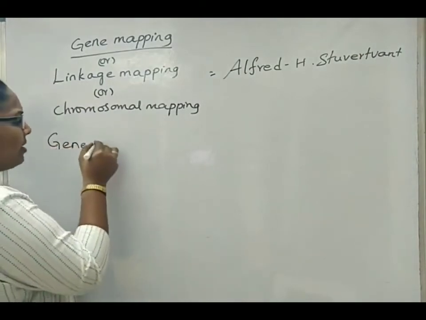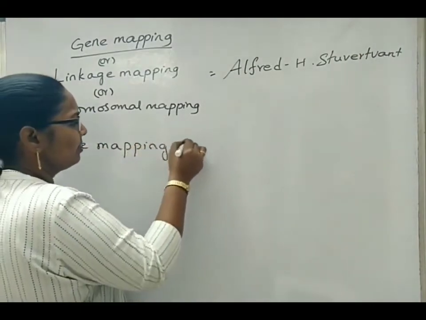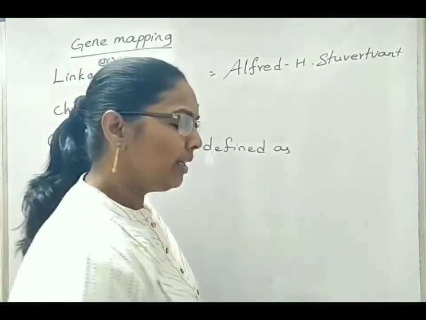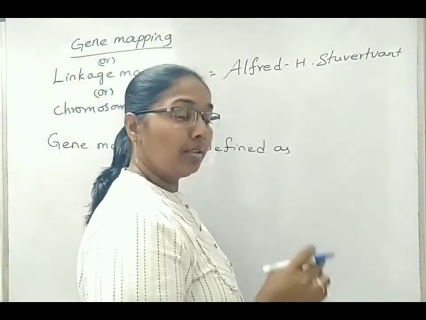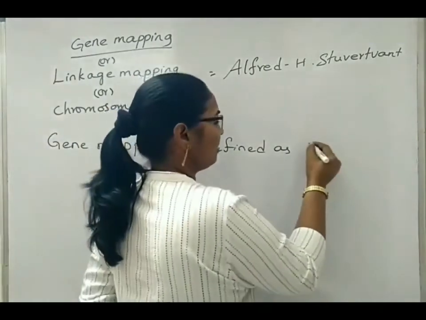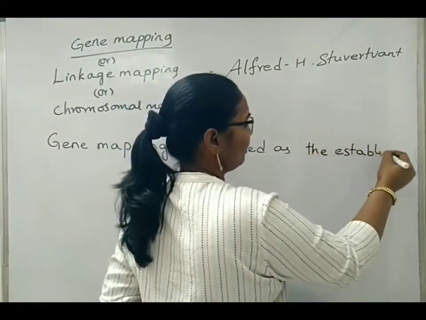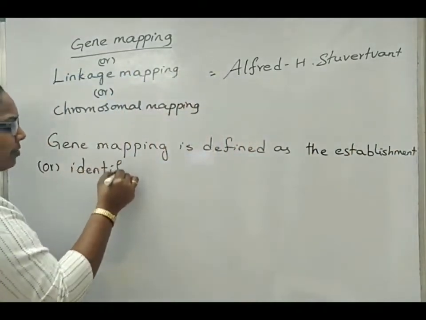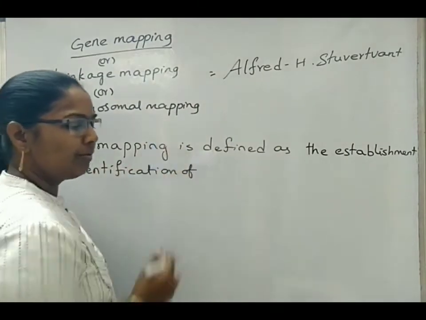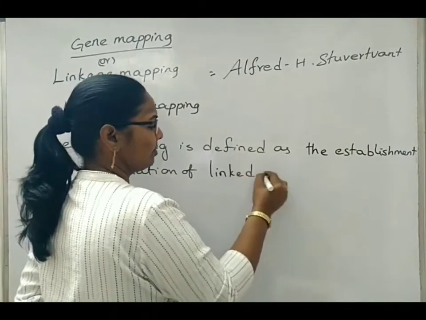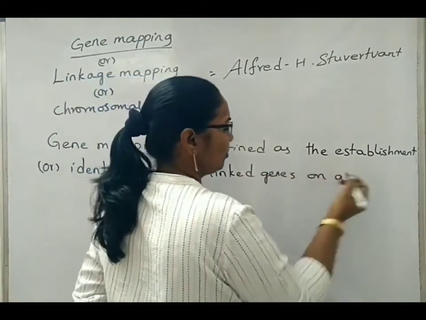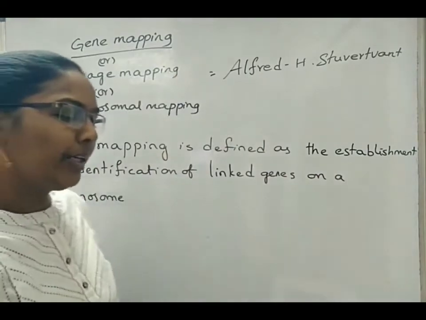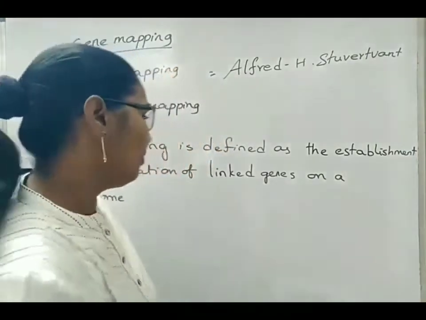Gene mapping is defined as the establishment or identification of linked genes on a chromosome so that we can know the percentage or the frequency of crossing over.